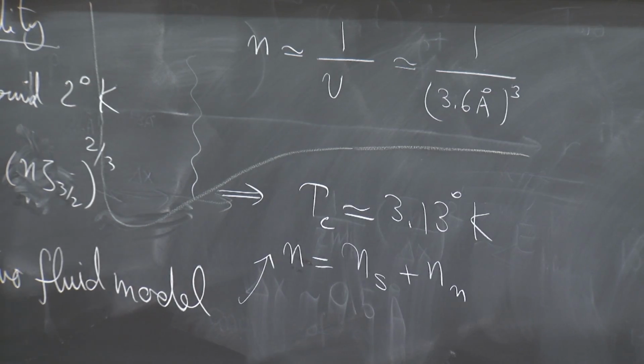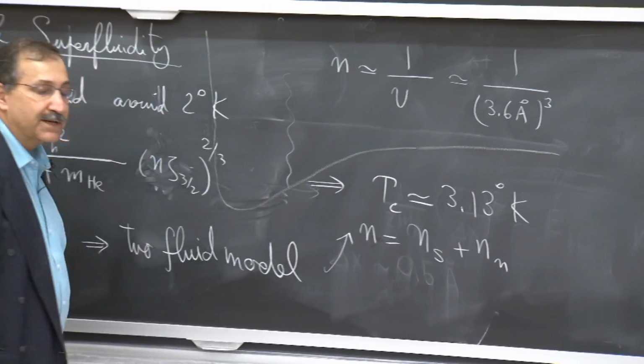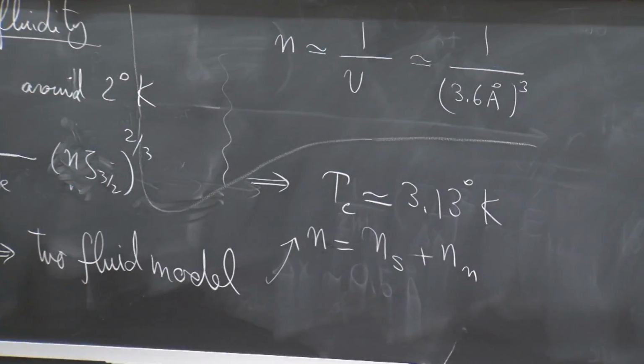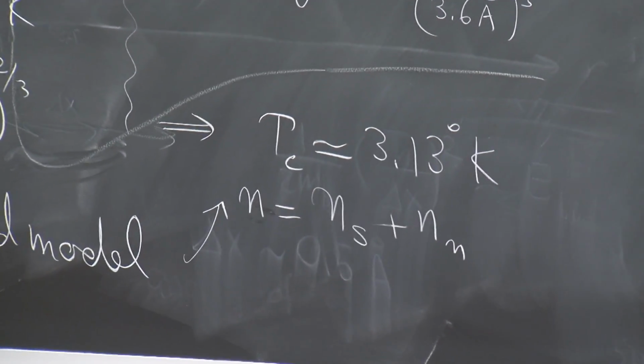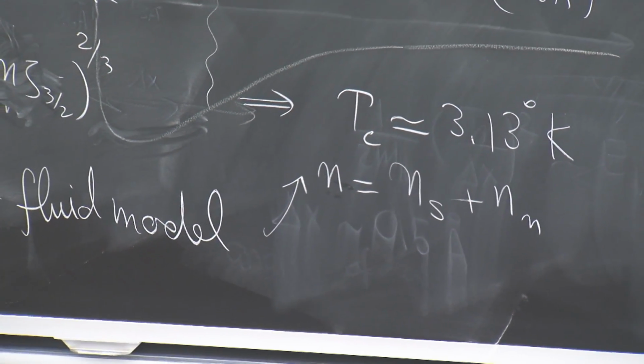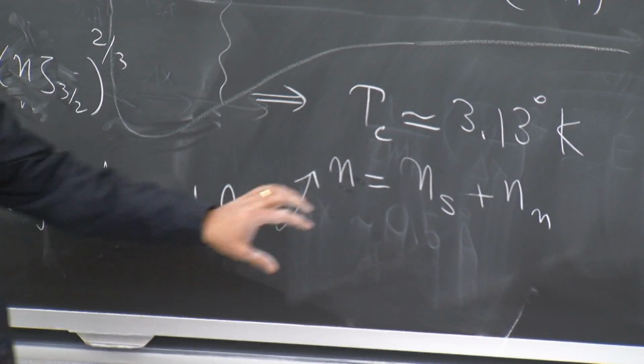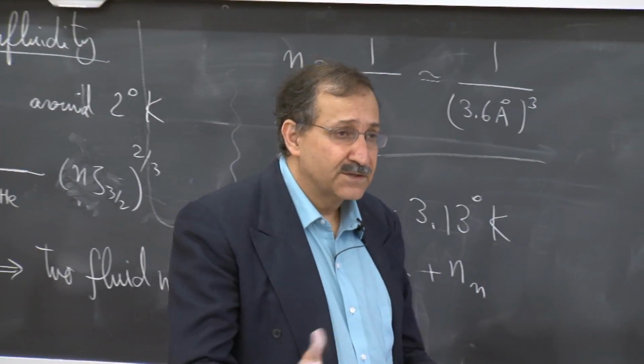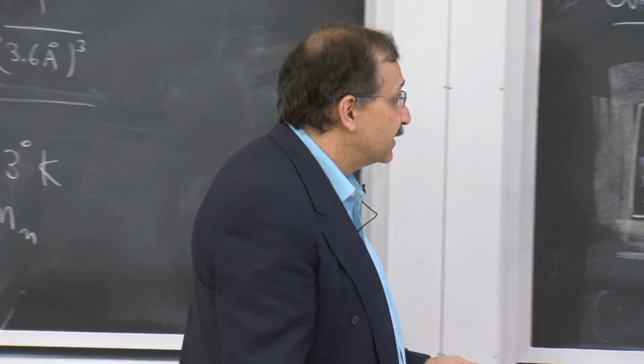And as you change temperature, these two components get converted to each other. So just like the case of the Bose-Einstein condensate, it is not like you have so many of this fluid, so many of that fluid. These two things are always interchanging.